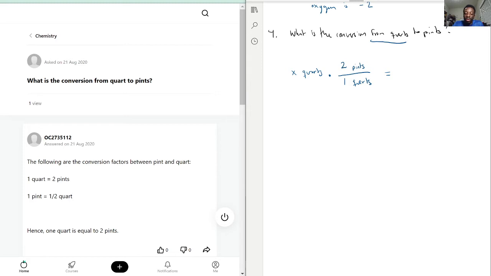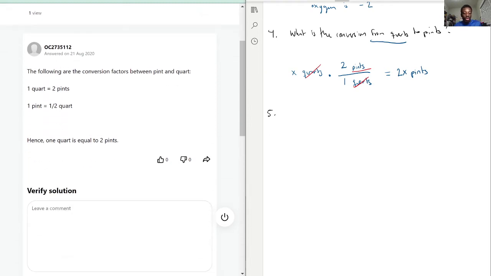So for whatever amount of X quarts, we're going to have twice that of pints. And we can do that because these quarts do cancel out in terms of units, leaving us with the units of pints only, allowing us to now say that the conversion from quarts to pints is that whatever amount there is in quarts, let's say there was like 5.5, that would be 11 pints, okay? And that would be the conversion from quarts to pints.